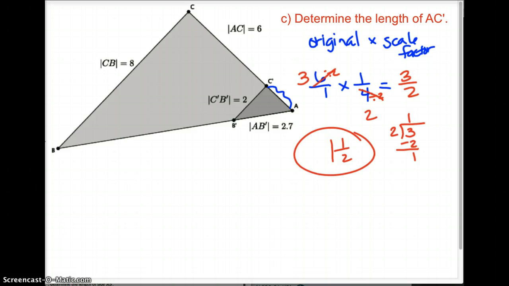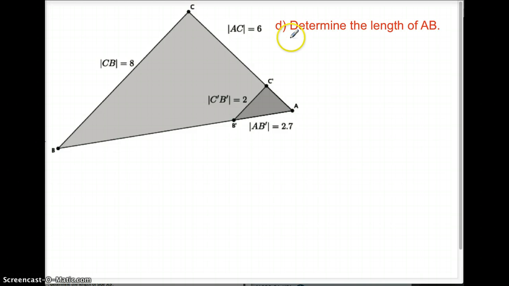In the last part of this question, determine the length of AB. Here, we know AB prime. We want to know the original length. Remember, to get the new length, we took the original times the scale factor. This time we know the new, that's 2.7. I know my scale factor was 1/4, which as a decimal is 0.25.